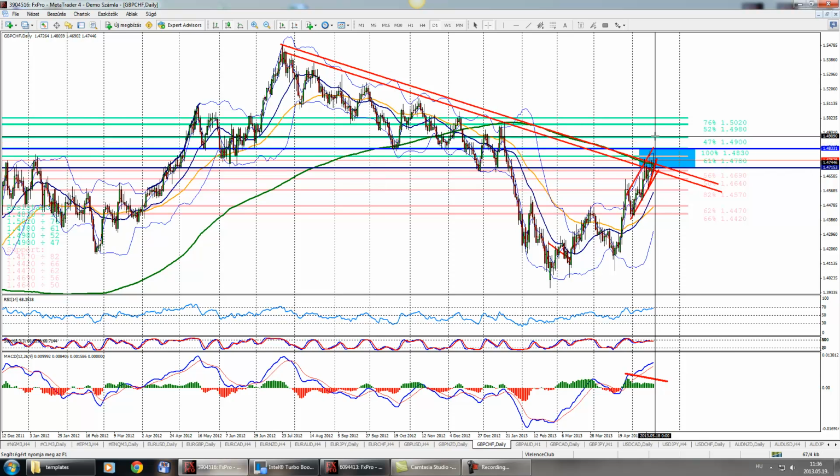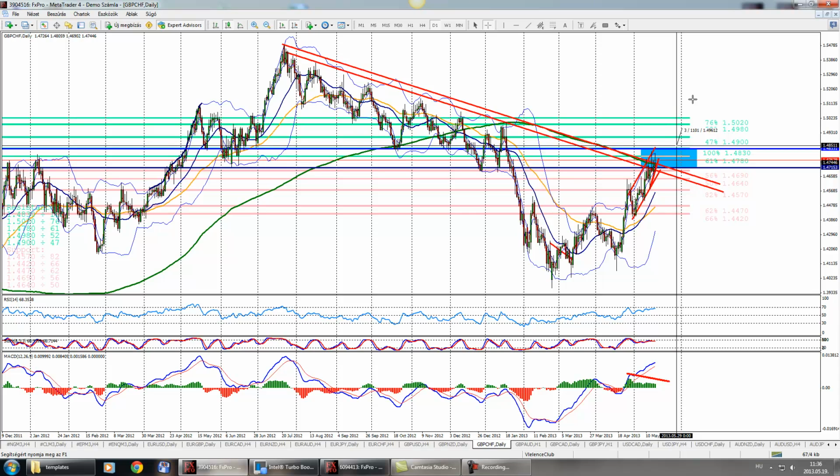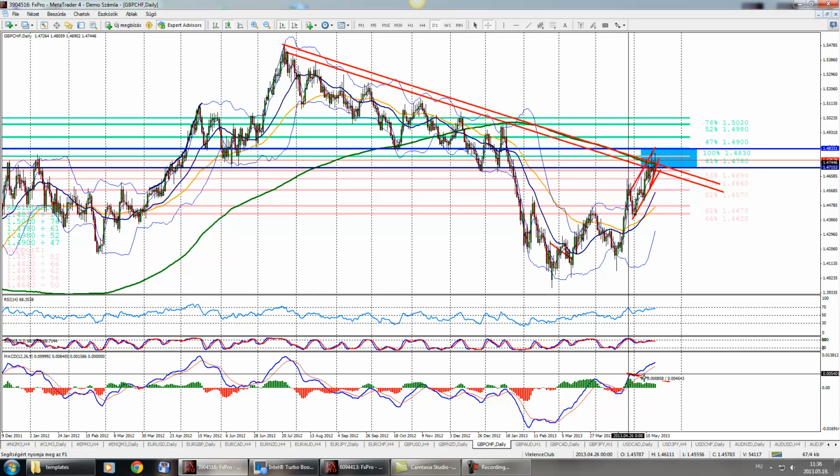And let's see if it's retesting the level, 148.30, and 148.30 is holding the price action, the pair can go much higher. We are not trading against the divergence, and we have a bearish divergence, so we will cancel the pair from the list if it's closing above the levels, closing above the range.